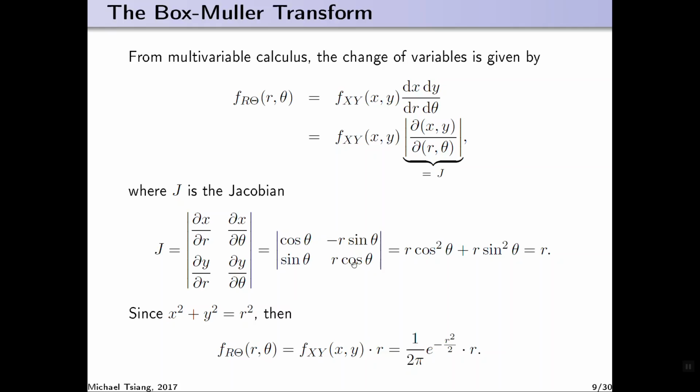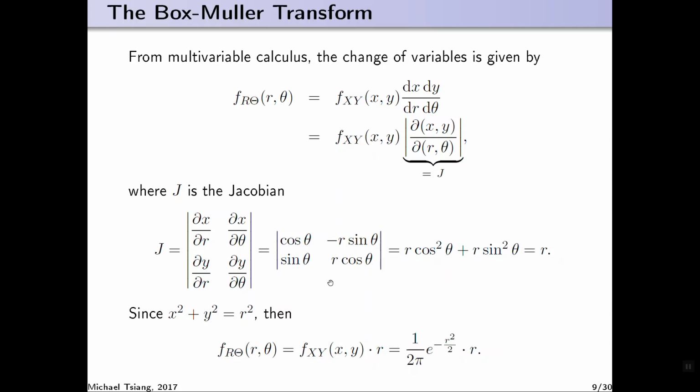And so when you take the determinant of that, you have r cosine squared theta, and if you subtract off this times this, then you get plus r sine squared theta, and our trig identity says this is going to be equal to r.